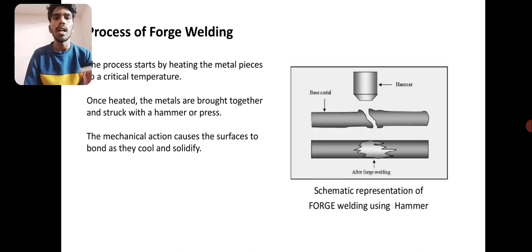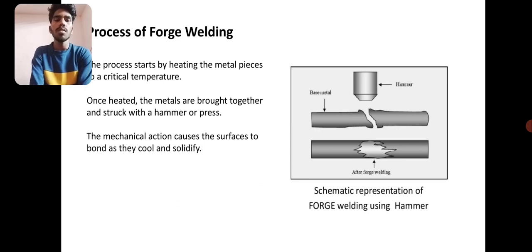The process of forge welding: heating pieces to the critical temperature. Once heated, the metals are brought together and struck with a hammer or press. The mechanical action causes the surfaces to bond, and as they cool, they solidify.